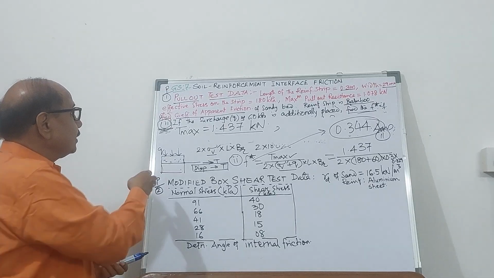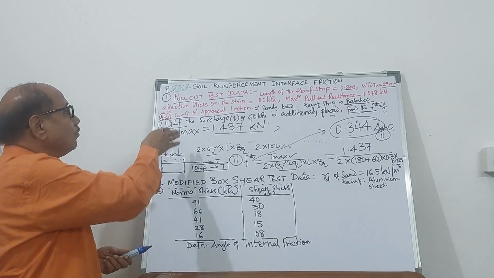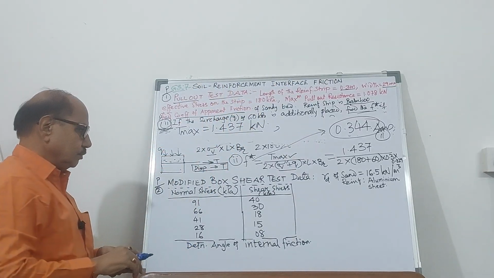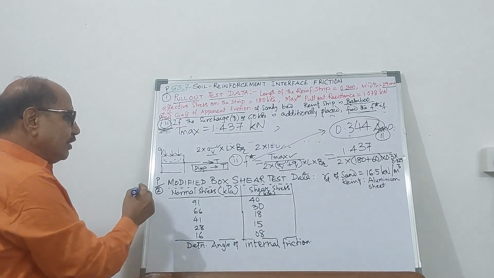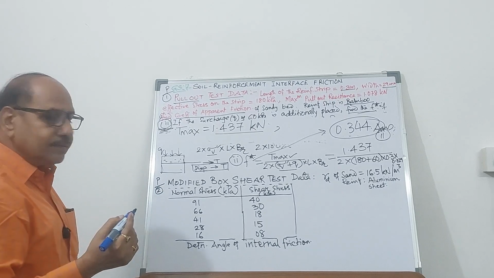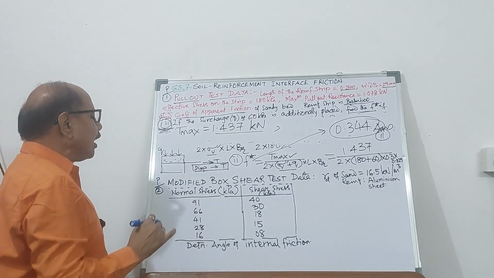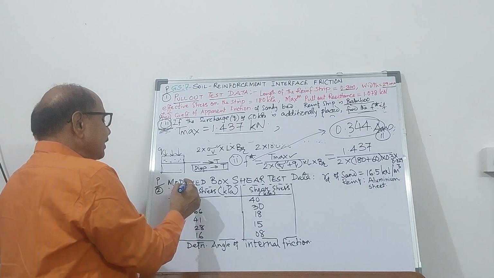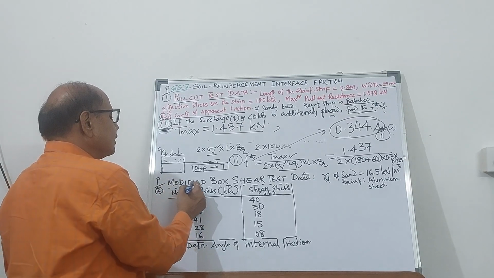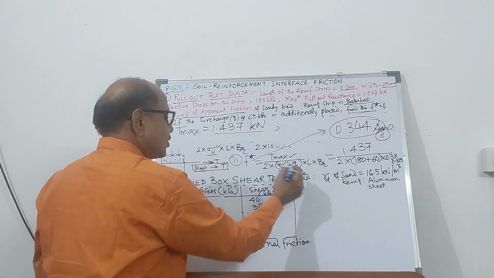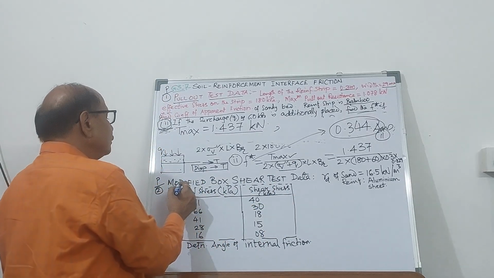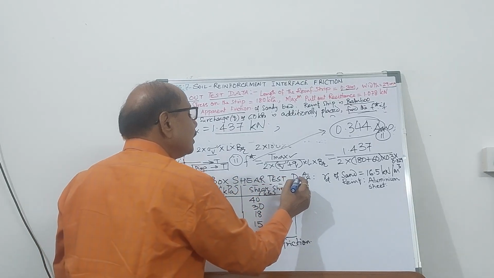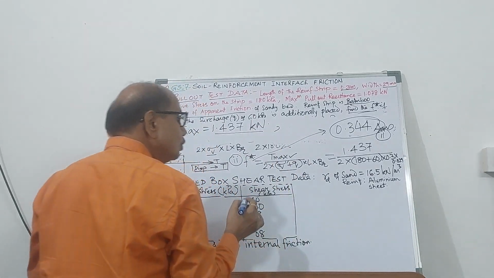Now this is the second problem based on soil reinforcement interface friction. Wherever there is going to be sliding of the soil mass over the reinforcement, for the sliding test, what you do is the modified box shear test. So in this problem, you have performed the modified box shear test and the data are given to you.